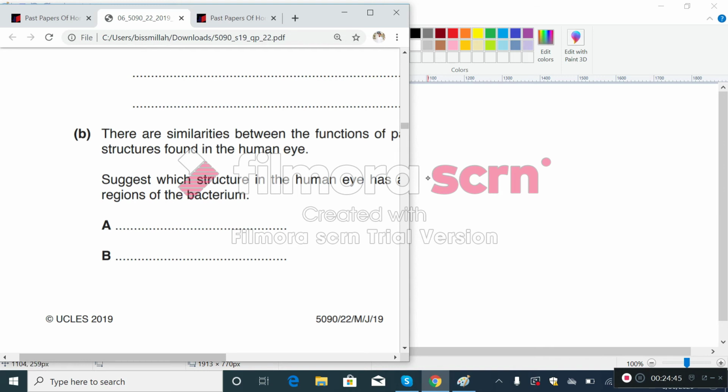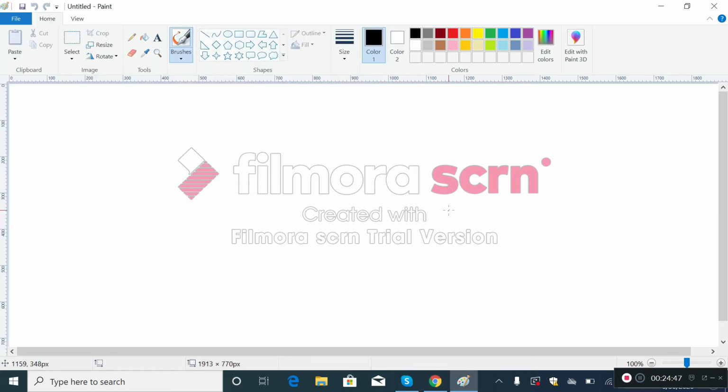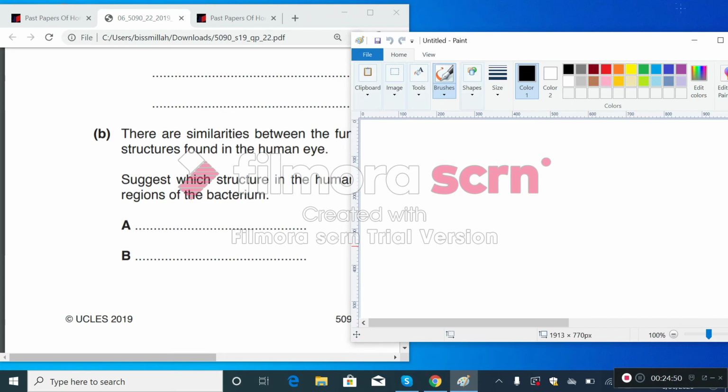So when we link it with A, over here we will write the cornea. Apart from cornea, we may write lens or any other part through which light will pass. But better to write cornea because it comes first when light enters the eye.